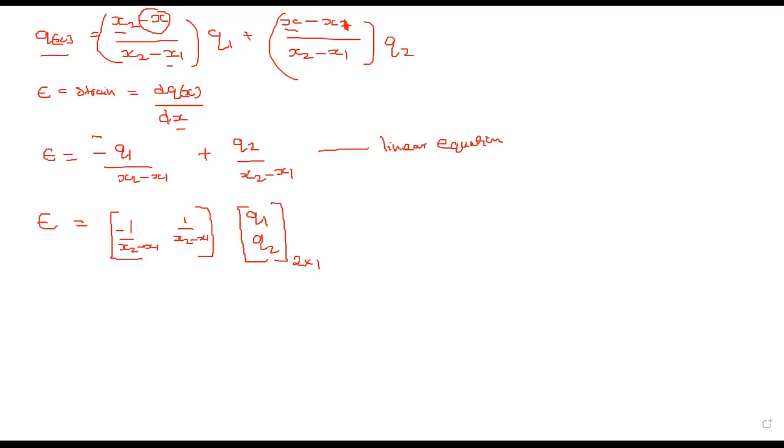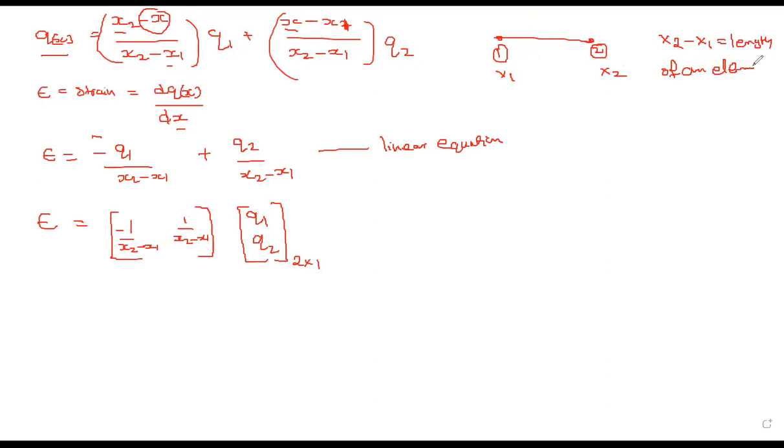Let us recall the element again. In the very first, I said that this is nodal number 1 and nodal number 2. At nodal number 1 there is x1, and at nodal number 2 it is x2. Therefore x2 minus x1 is called the length of an element.